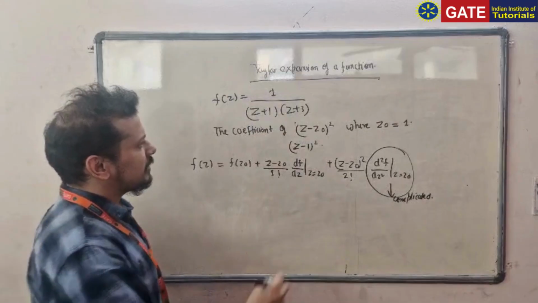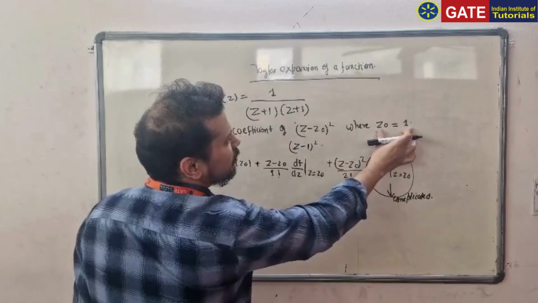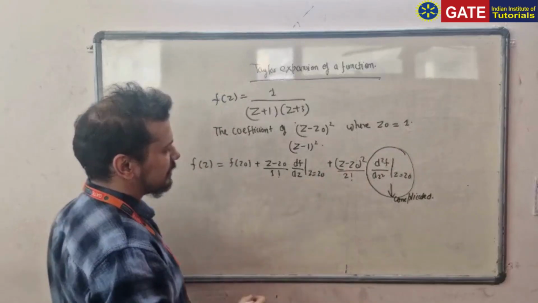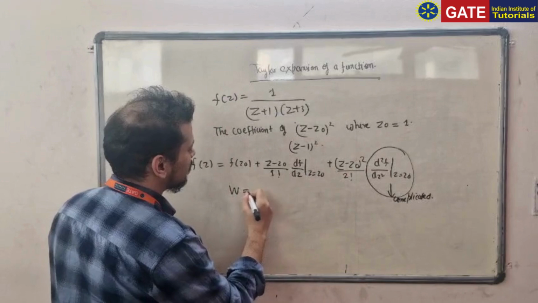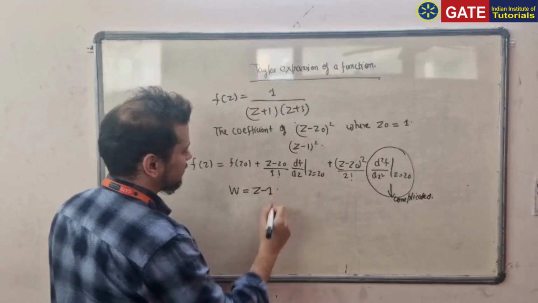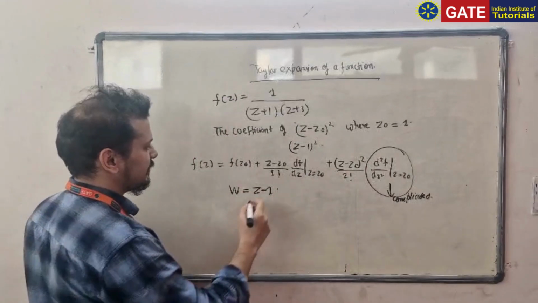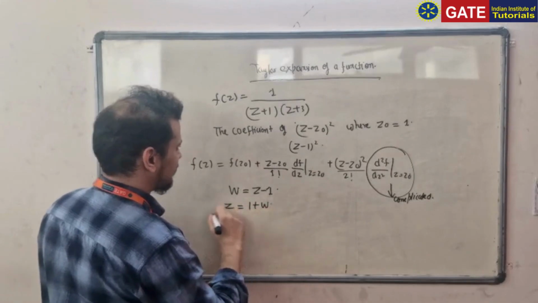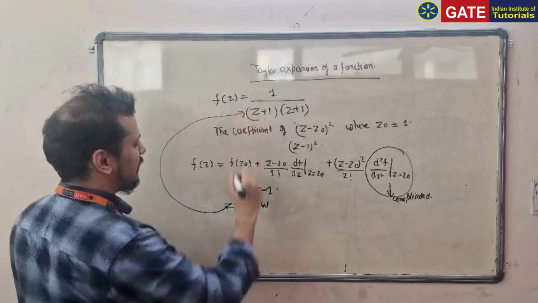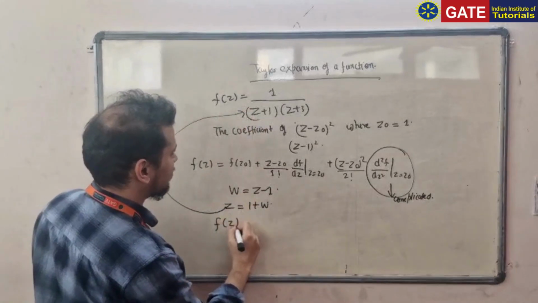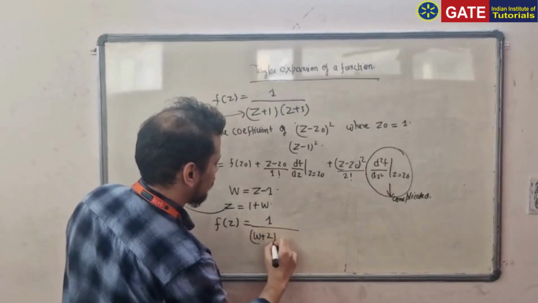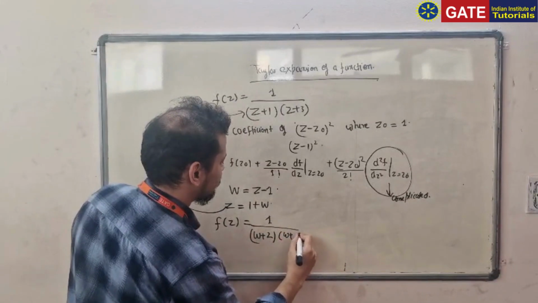What we do instead is that we know that we have to find at z equals 1, so we need powers of z minus 1. So I will put w equals z minus 1 directly, and then z equals 1 plus w and put it back here. When I put that back, I will get f of z equals 1 upon (w plus 2)(w plus 4).